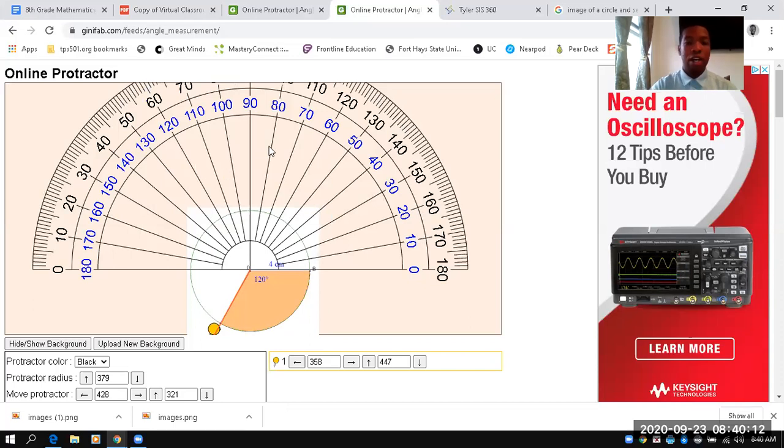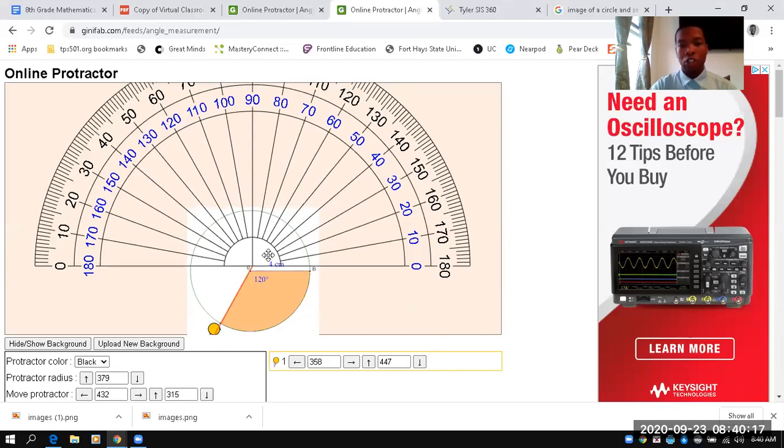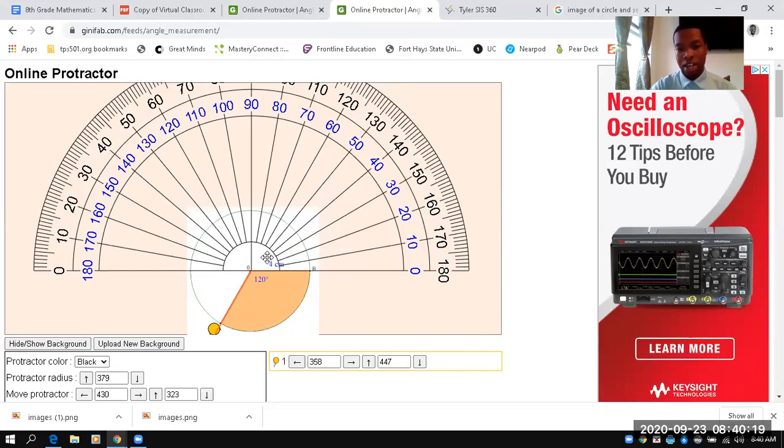That's unfortunate. However, what I would do is ensure that the baseline is right here, and then I would put my points there so that I could measure this angle. And in reality, since this says it's already 120, if my angle was based here, I would come all the way around here and line it up with 120.